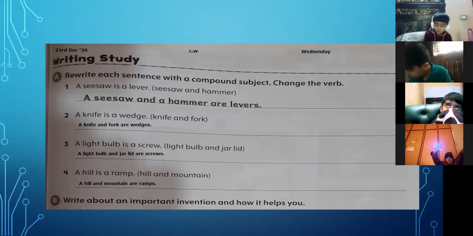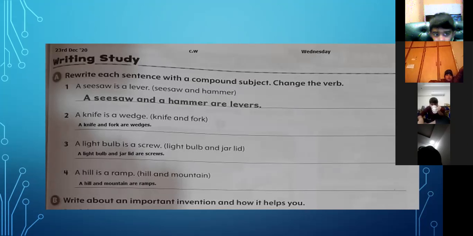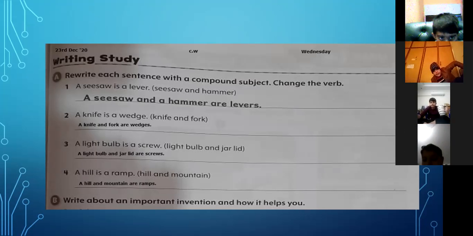So when you use plural subjects, then you use the plural verb. When you use the singular subject, then you use the singular verb. This is what you have to keep in mind, okay? So this was the exercise regarding subject and verb agreement.